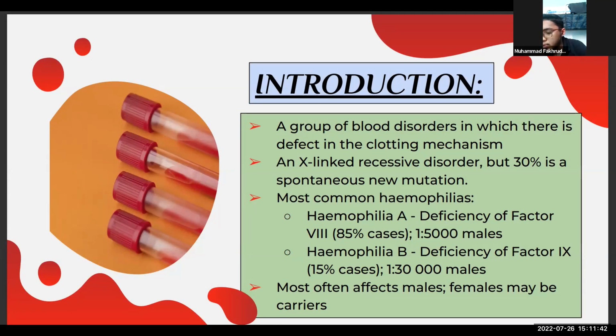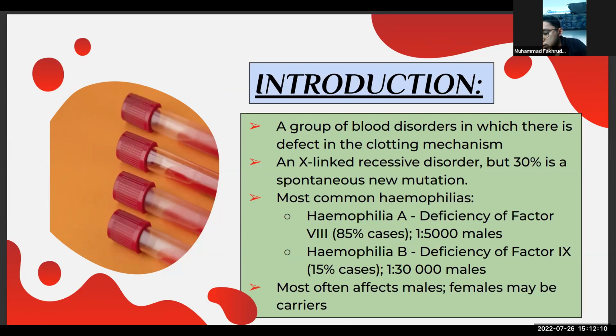For the introduction, what is hemophilia? Hemophilia is actually a group of blood disorders in which there is a defect in the clotting mechanism, or we call it the coagulation cascade. In order to understand this topic, we need to recall our lecture during year 1 about hemostasis.